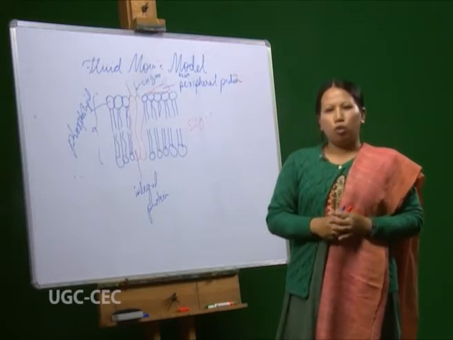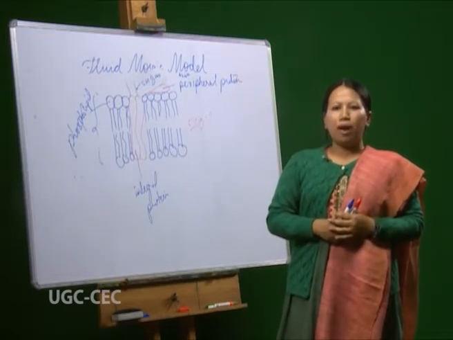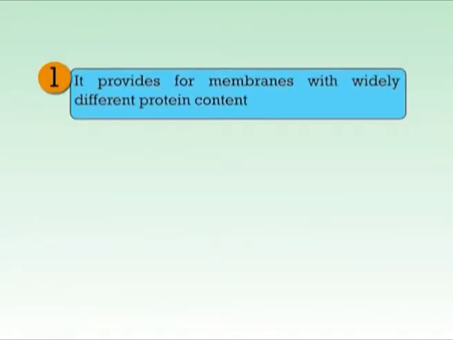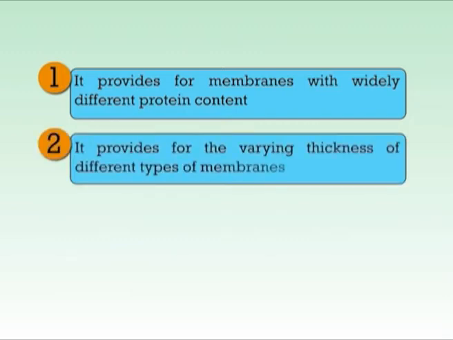The fluid mosaic model accounts satisfactorily for many features and properties of biological membranes. First, it provides for membranes with widely different protein content. Second, it provides for the varying thickness of different types of membrane.